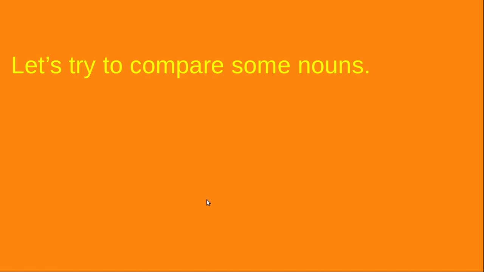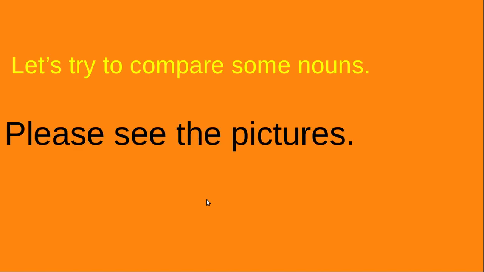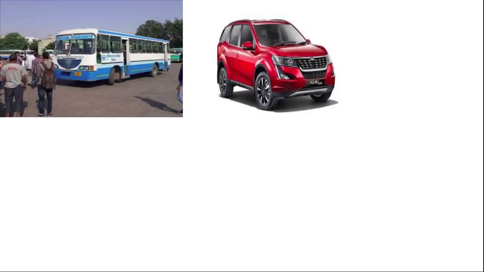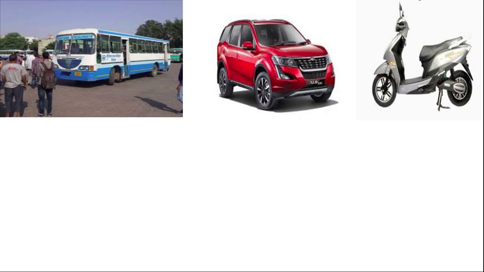Okay, now let's try to compare some nouns. Please see the pictures. What is this? A bus, a car and a scooter. What words or adjectives can be used to compare them? We can use many, but here you can consider big and small. Can you write some of them?